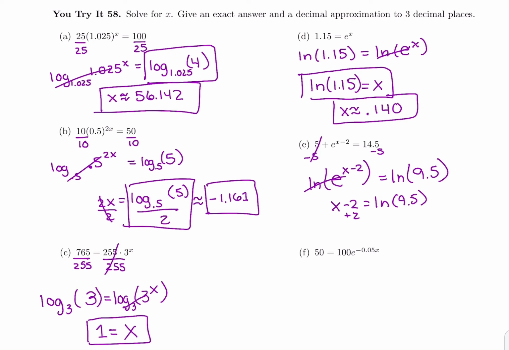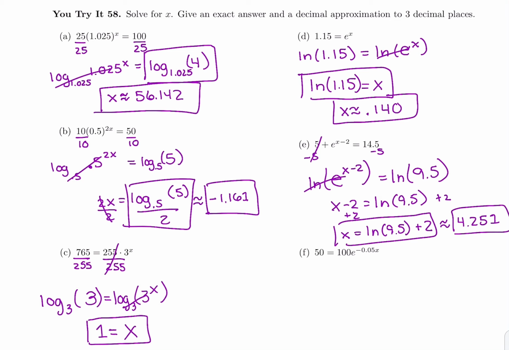I need to add 2 to both sides. So my exact answer is going to be ln of 9.5 and then plus 2 outside the parentheses. And then my approximate answer is going to be 4.251. So there's my exact and my approximate for that. Again, I can plug into the original function to see if it works if I'm ever unsure of the x value I got, and I should get 14.5 out.